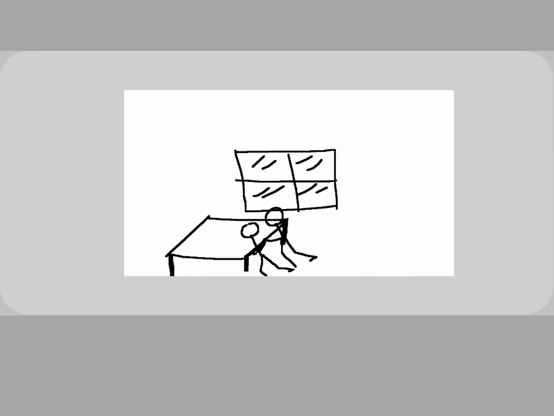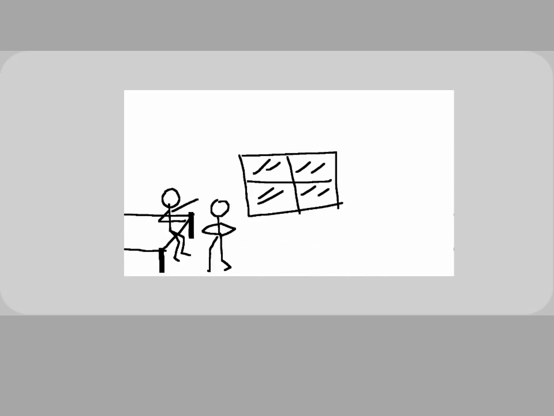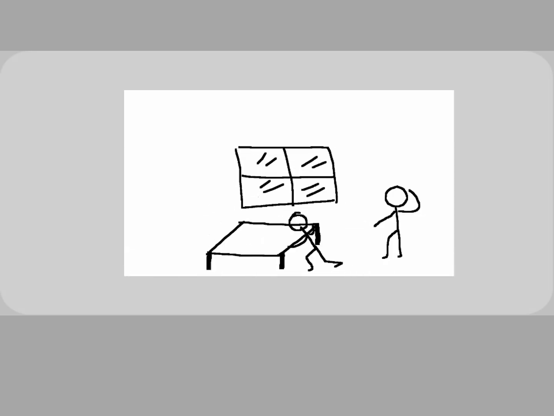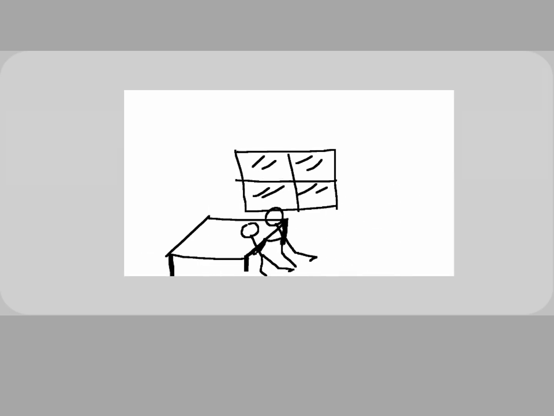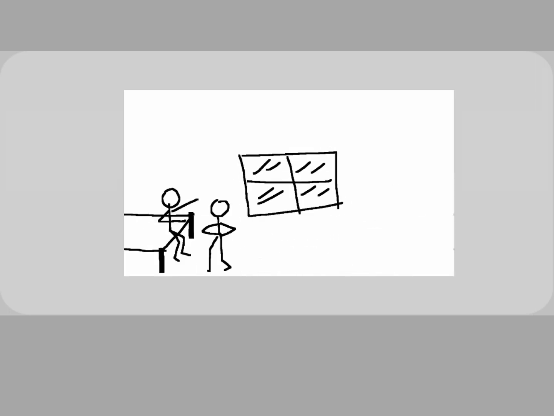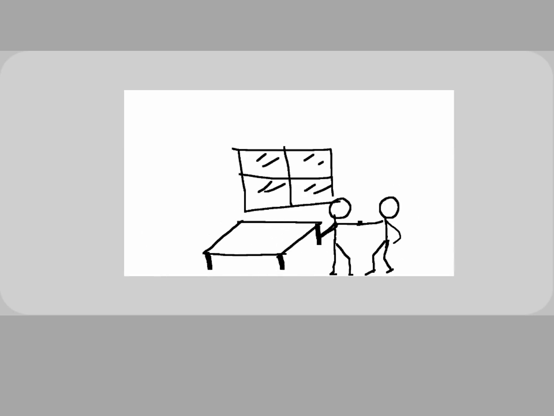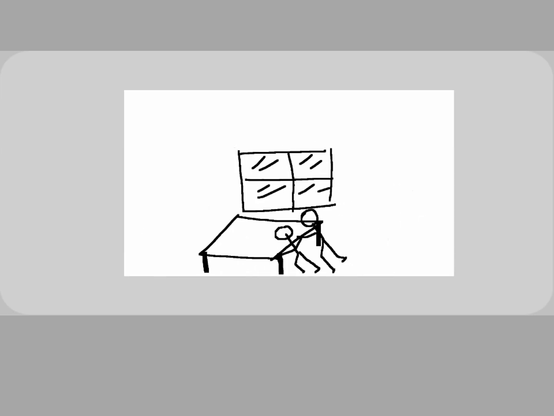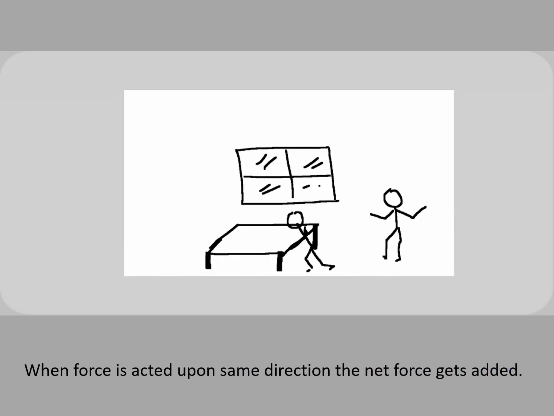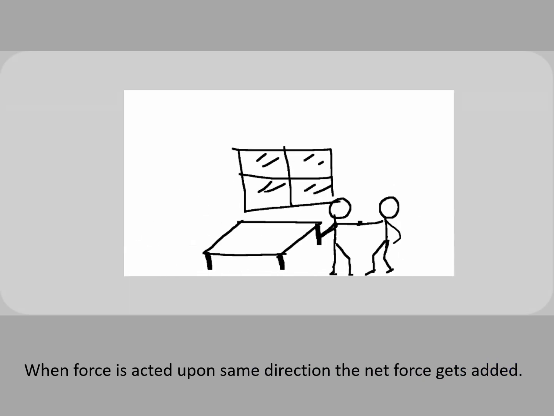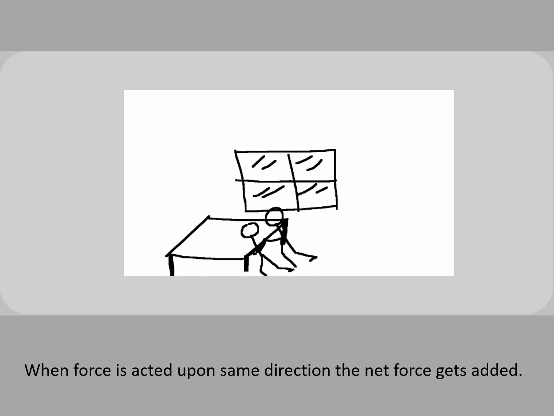So we see that when the friend also helps, they are easily able to move the table, and they are applying force in the same direction. So we can say that the net or the total force, when they are applying in the same direction, gets added, and they are able to move the table very easily.